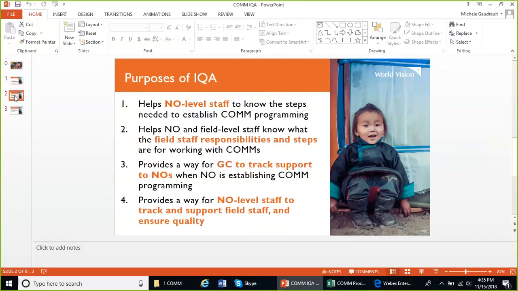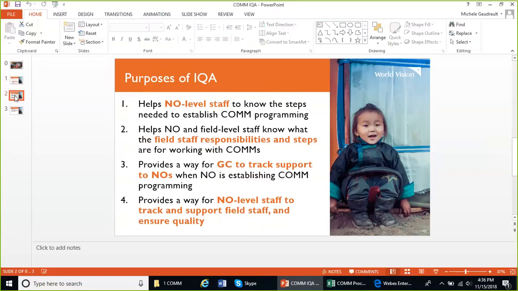Point number one, it helps national office level staff to know the steps needed to establish COMM programming. So that's the first two tabs, all right? The national level front end stuff. Number two, it helps national office and field level staff know what the field staff responsibilities and steps are for working with comms.